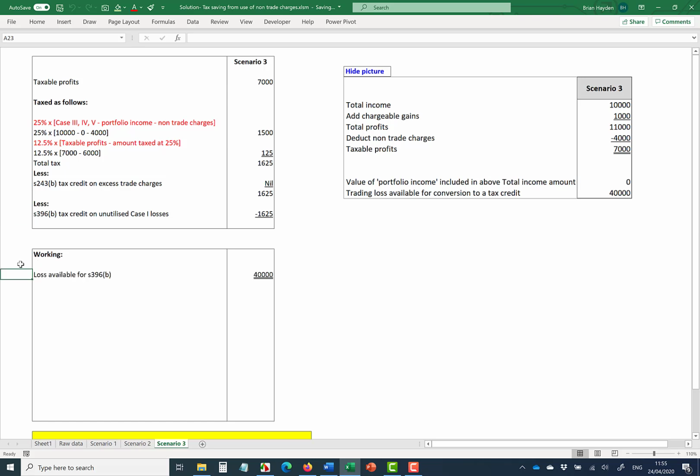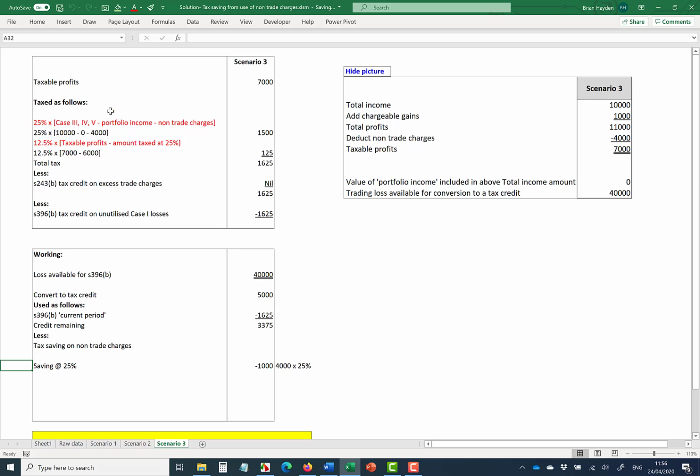So our loss was 40,000, converted to a credit, it's 5,000. And set against income tax or corporate tax of the current period, well, the corporate tax was 1,625. Okay, so that leaves us with a credit of 3,375. And because we've a 396B claim and we have utilised non-trade charges in the period, we have to do this tax saving calculation.